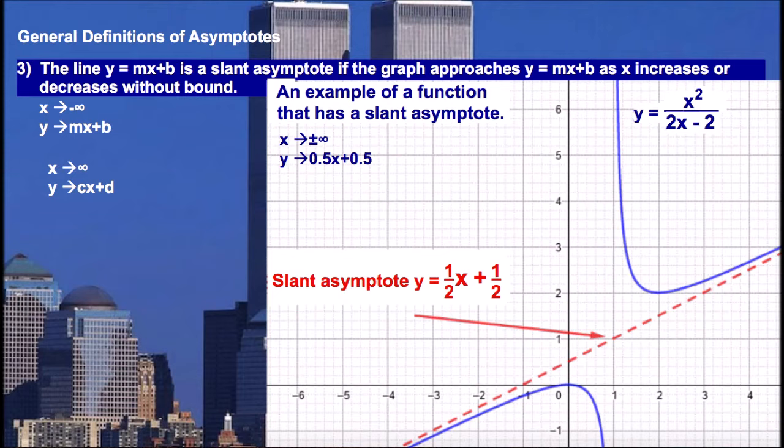An example of a function that has a slant asymptote: as x approaches positive or negative infinity, y approaches 0.5x plus 0.5. The slant asymptote is y equals 1/2 x plus 1/2, illustrated by this red dashed line.